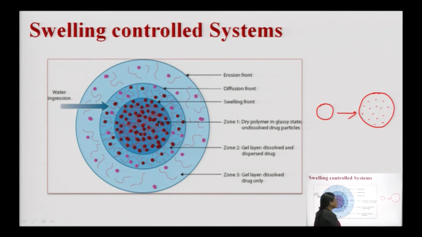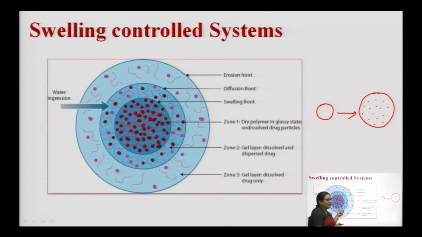Then the outermost zone, which is the gel layer, is the dissolved drug layer. Basically, the drug is in solution state in this layer, and now the drug is ready for diffusion into the outer environment.